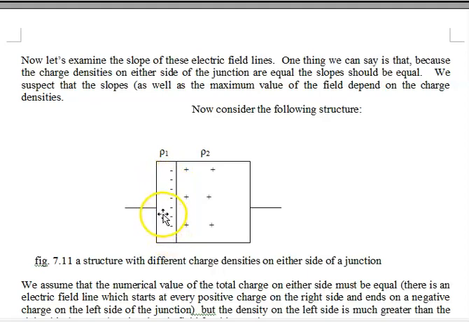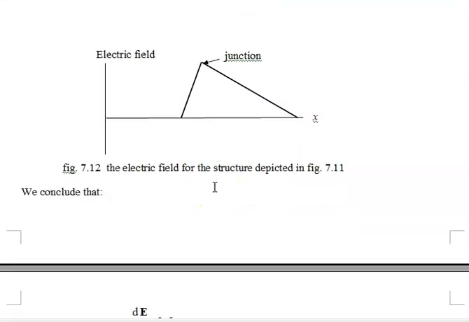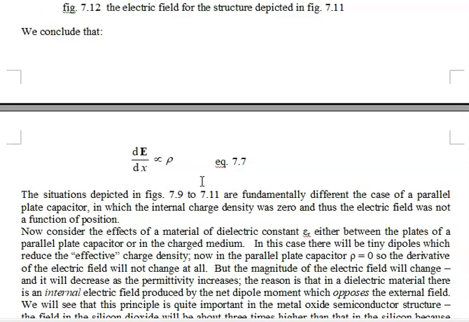So moving just a little bit gives us a very big increase in electric field, and on the right side, since we have so few charges, we expect the electric field to decrease because the density of charges is so much lower, and that's indicated here. So we conclude that the slope of the electric field, how fast the electric field changes, depends on the density of charge. This rho is density of charge, it's not resistivity.